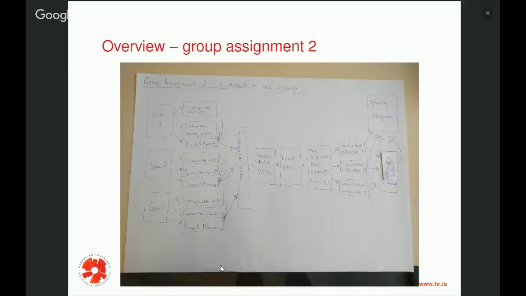So I also made this wonderful drawing, similar to the one that I did for project 1. Did that support you? Yeah. So this is actually how I see it. So you have these 3 visions, and you find 3 comparable websites for each of them.